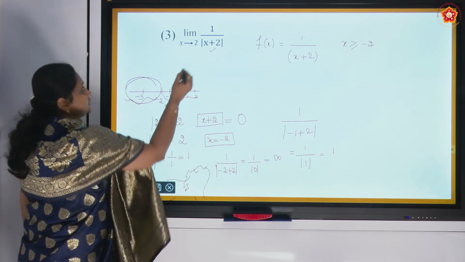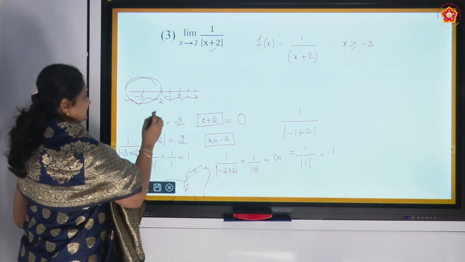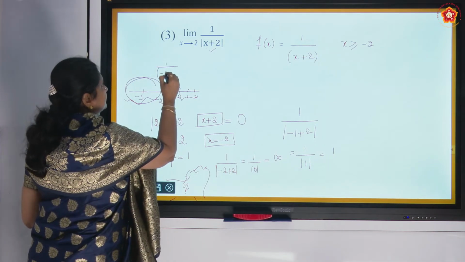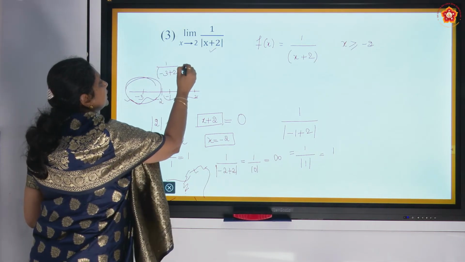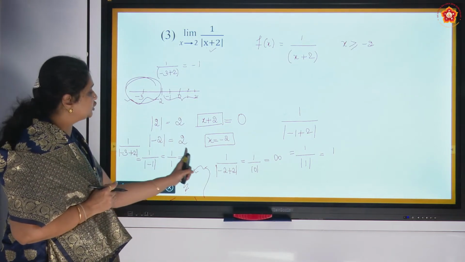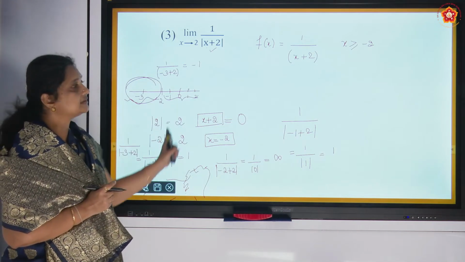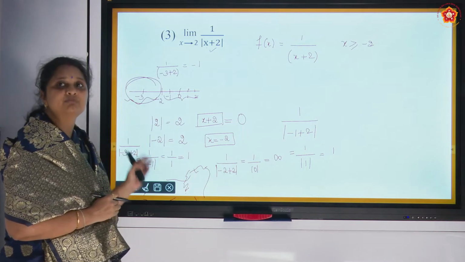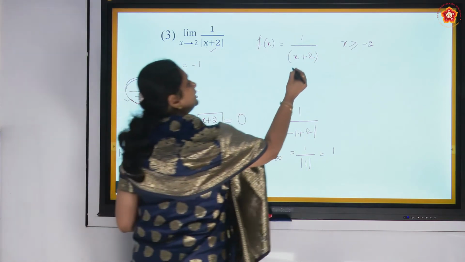If the function was with brackets, let's observe that. If it was just brackets, it would have been minus 3 plus 2, minus 1. But with the modulus sign, it has changed its sign. So there is a change of behavior of this function on the left hand side of minus 2. So basically what happens?